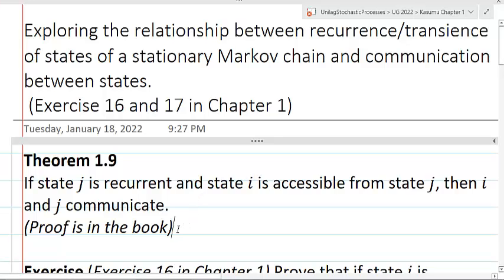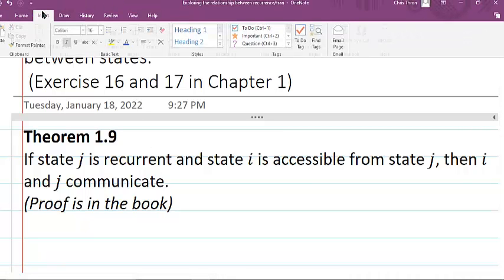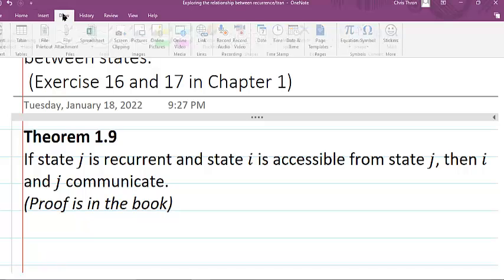Now, what is this actually saying? Let's try to visualize what's going on here. It's always good to try to make some picture in your mind.